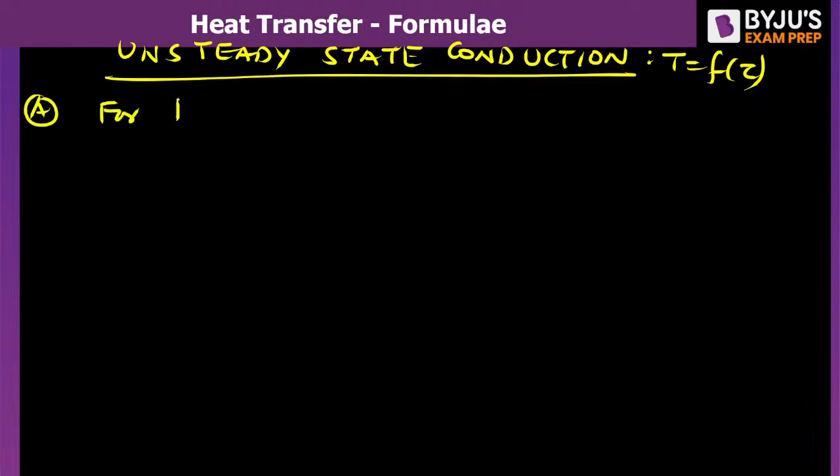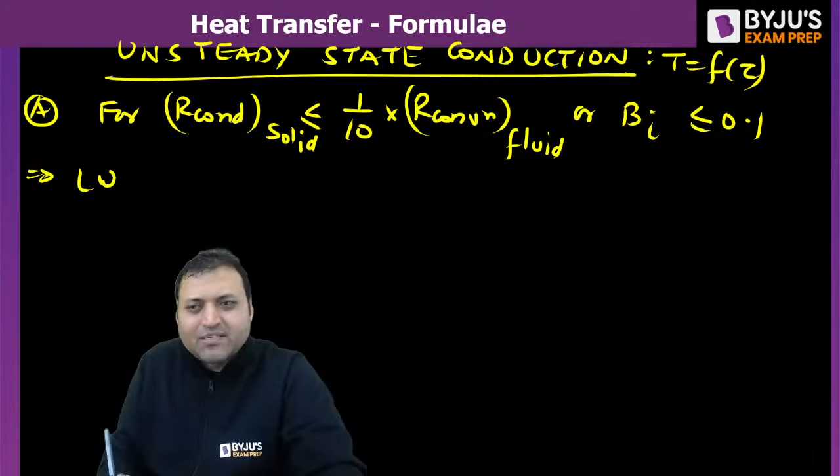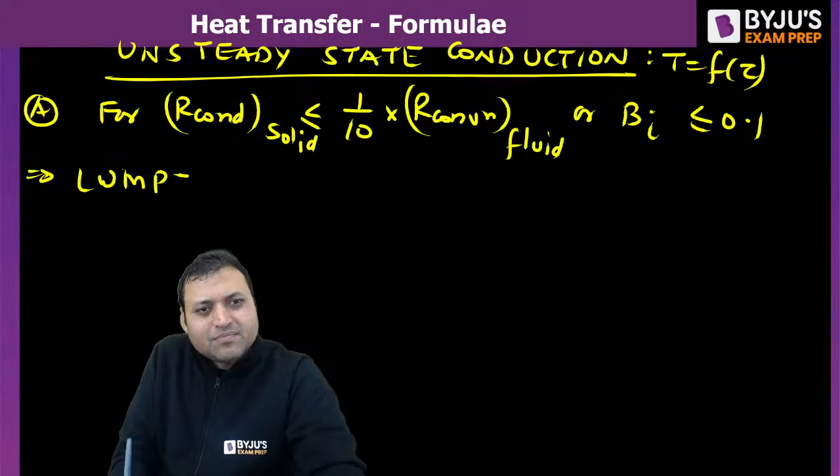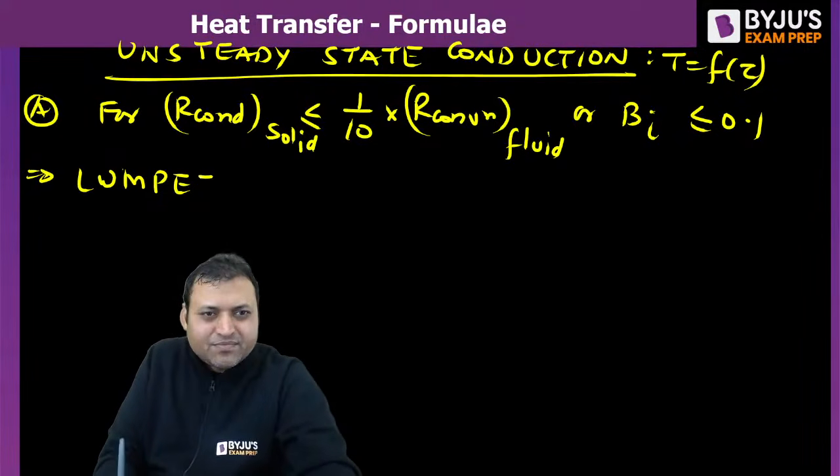When the conductive thermal resistance of the solid is less than or equal to 1/10 of R convection for the fluid, or we can say for Biot number less than 0.1, the analysis is known as lump system analysis.